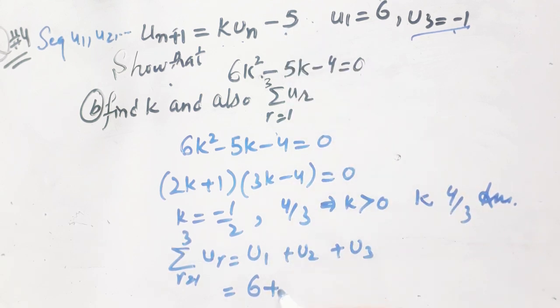So that will be equal to 6 into 4 over 3 minus 5. Then u3 is given minus 1.